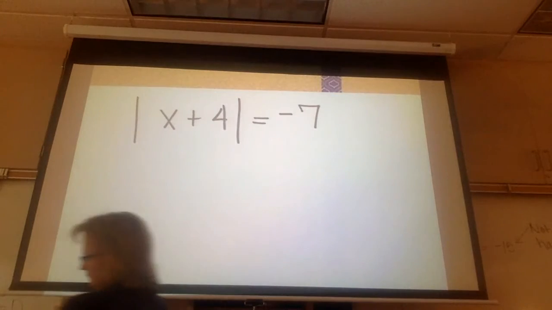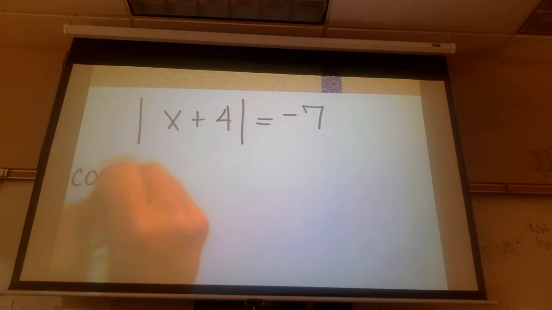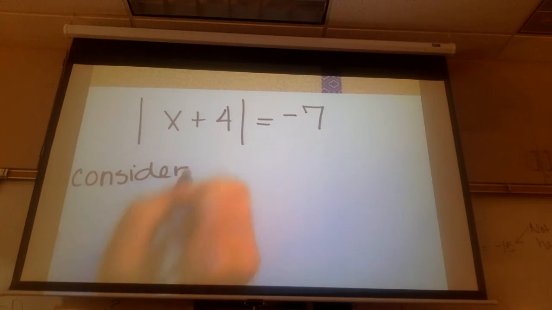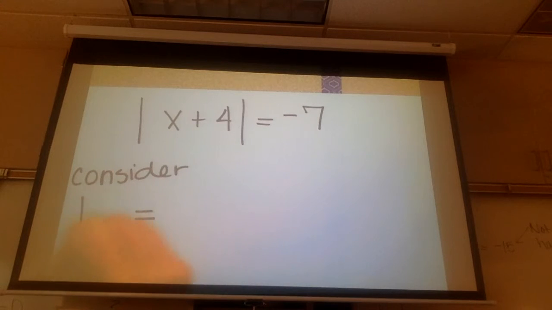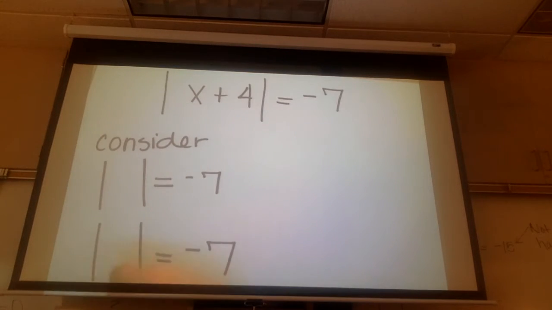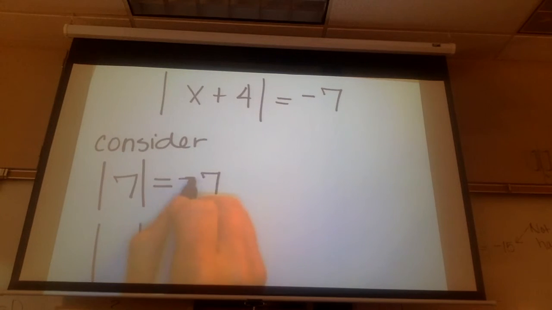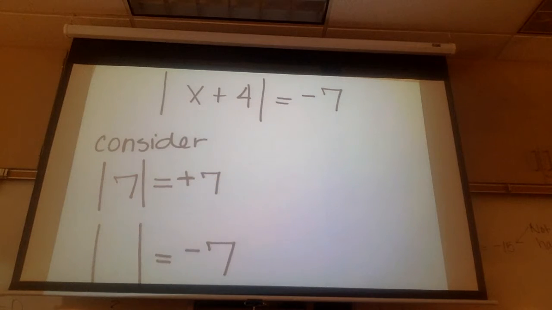Let's consider that. If I consider what possible way I could come up out of an absolute value with a negative 7, let's think about that. If I put a 7 in there, that ends up actually not being a negative, but being a positive.